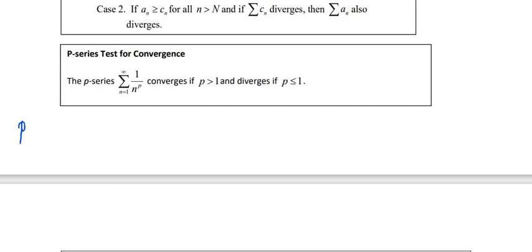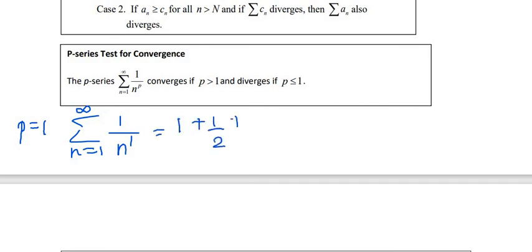So when we let p equal to 1, this is sigma n equal to 1 to infinity 1 by n raised to 1. This is 1 plus 1 by 2 plus 1 by 3 plus etc., which is the harmonic series, and it diverges.